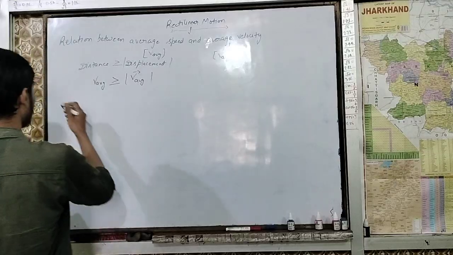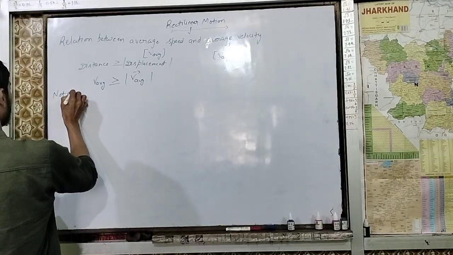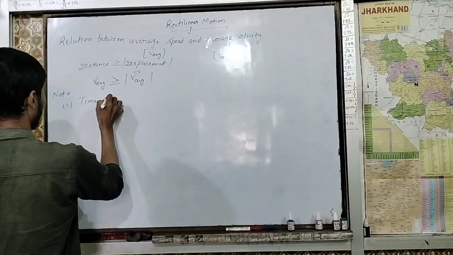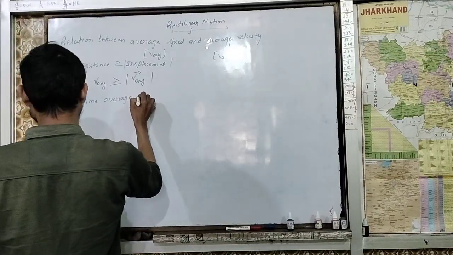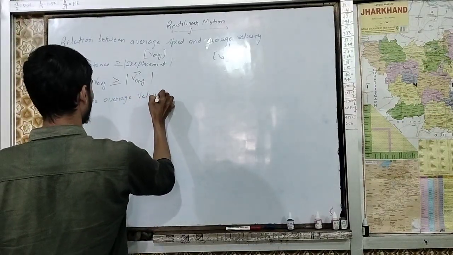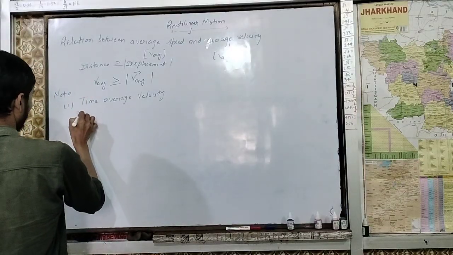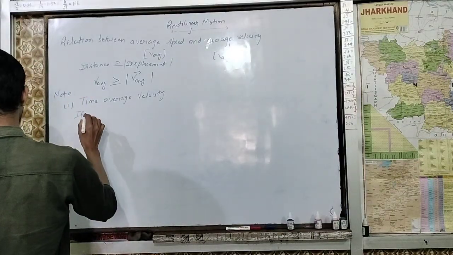Now next, a note. First we have time-based average velocity. Look at the condition.